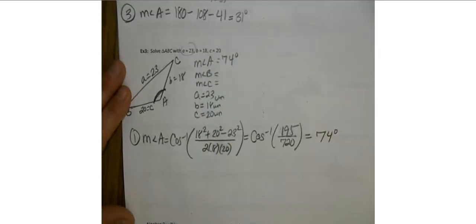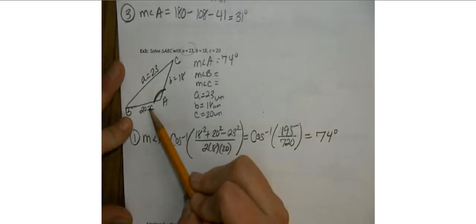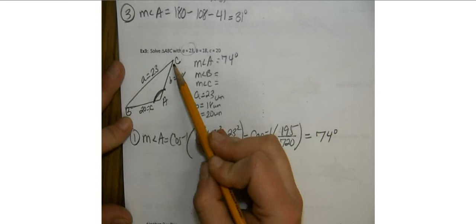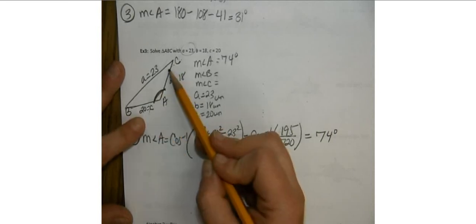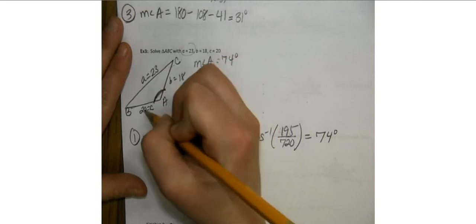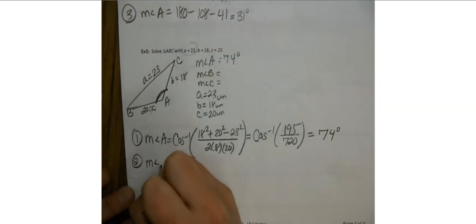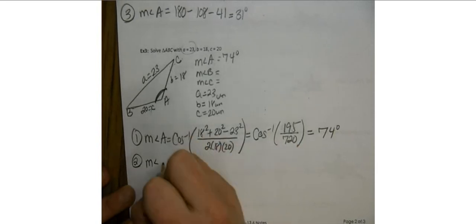So let's go ahead and identify our next biggest angle. Our next biggest angle is going to be angle C, because it is across from the next largest side. So that's what I'm going to identify next, the measure of angle C. And once again, I'm going to work with the law of cosines.